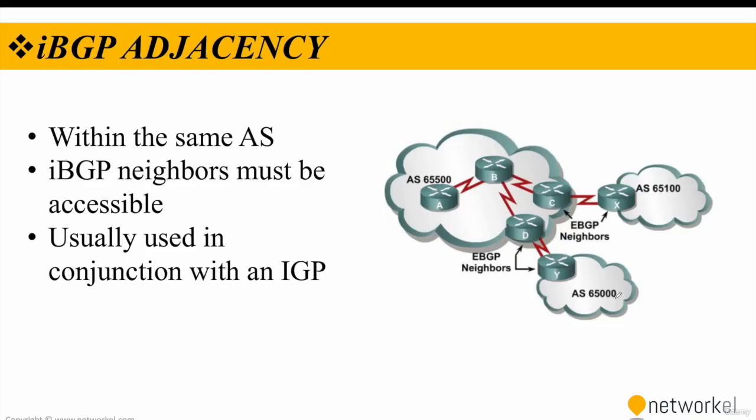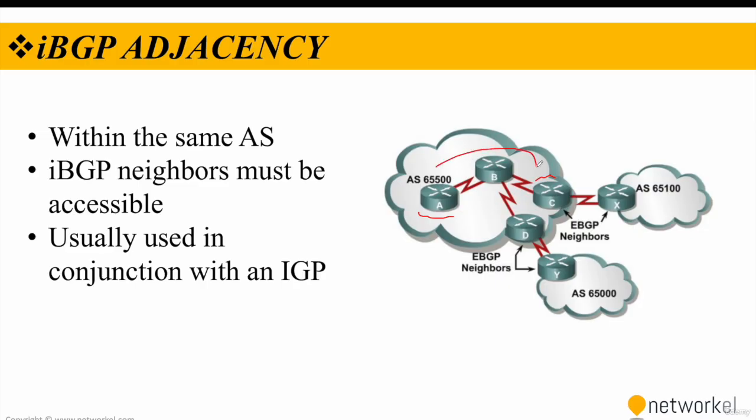Neighboring routers configured with the neighbor command must be able to reach each other before the BGP configuration, and an IGP is usually used for this purpose. What I'm trying to say is, for example, I have my router A here and my router C here.